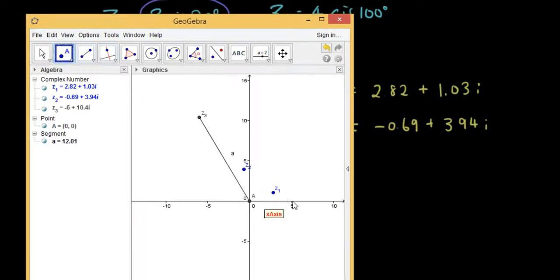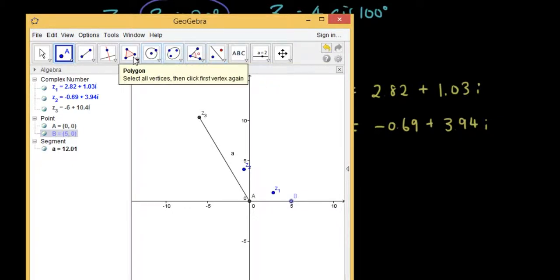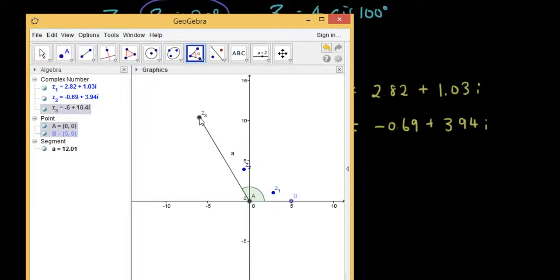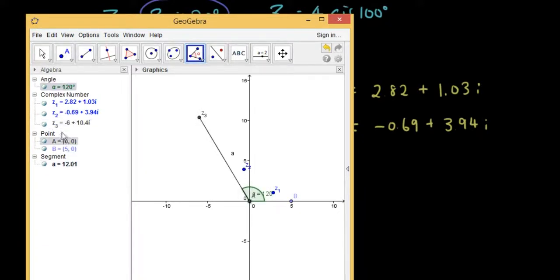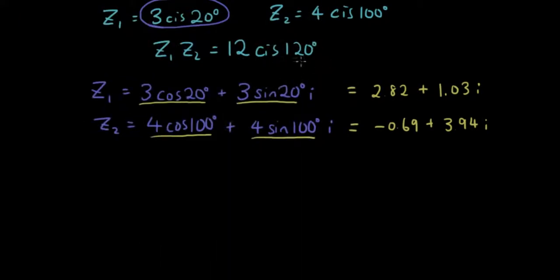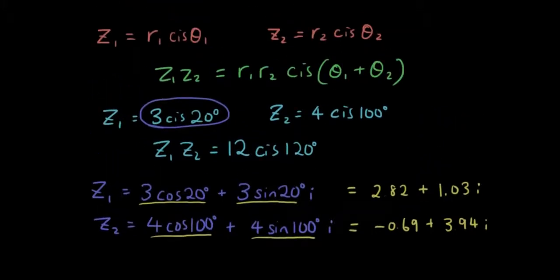If I draw a dot somewhere on the positive x-axis and I try to calculate the angle created between this line and the x-axis, it tells me that it is 120 degrees, which is exactly what I calculated before. So this has given us the right answer.